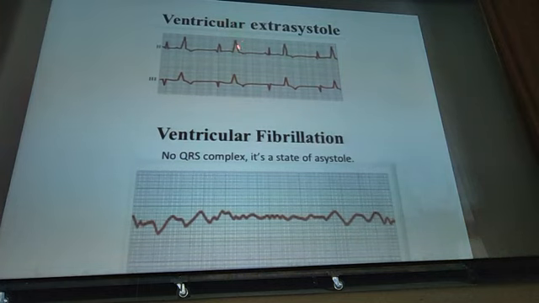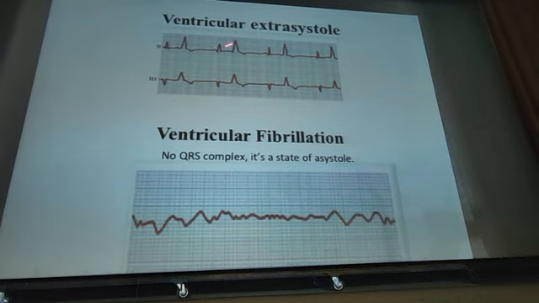Now ventricular extrasystole. These are normal QRS, and there will be an extra systole. A focus in the ventricle depolarizes and causes a systole that is wider than the normal QRS.